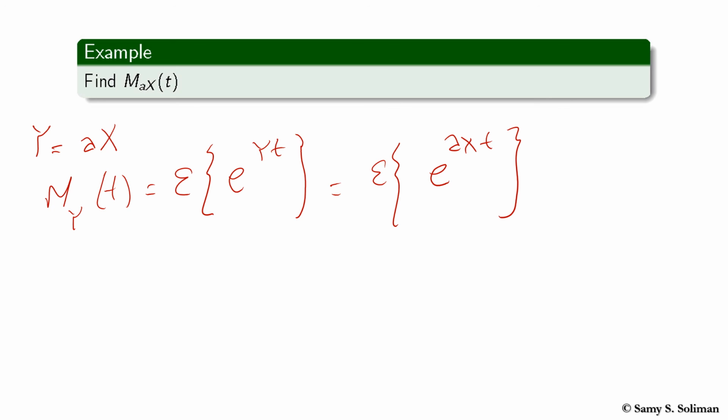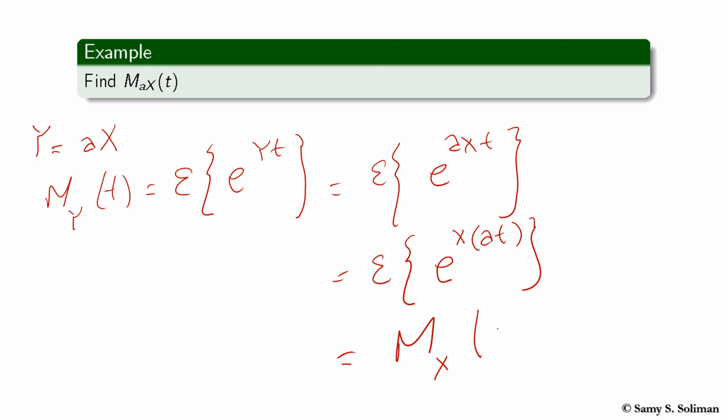If we just rearrange the symbols, that is the expected value of e power x at, and this is the definition of the moment generating function of x with parameter at. So again, we can obtain the moment generating function of a new random variable in terms of a random variable x for which y is defined as a scalar multiple of x.